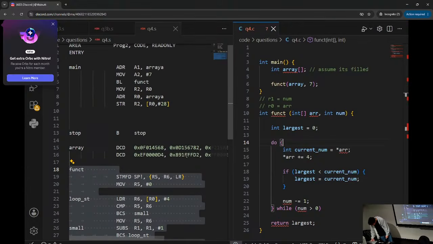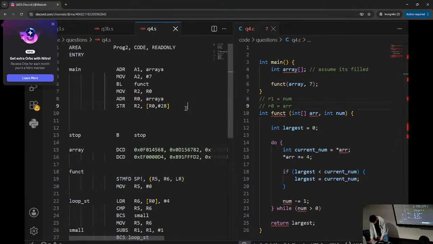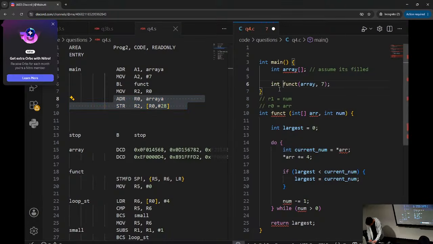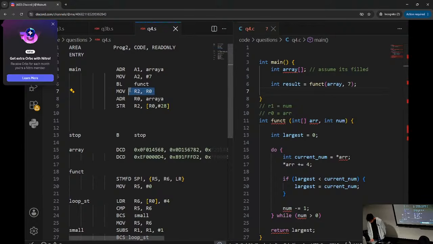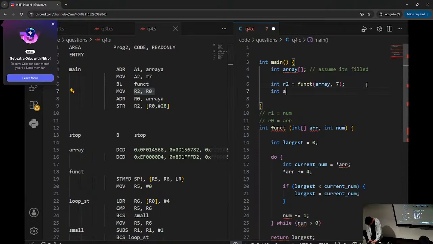And in fact, this question isn't complete yet. There is this last part here which we didn't use. We can just say int result is equal to that, just so we can store it. And all that did was, because we moved the result to R2, so if you want, you can say this is R2. Then we take something like that again.